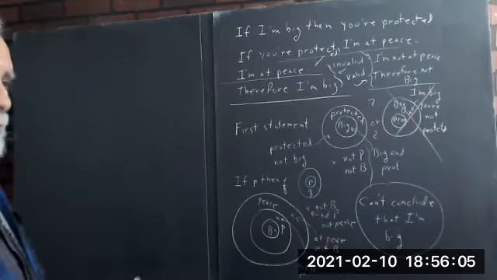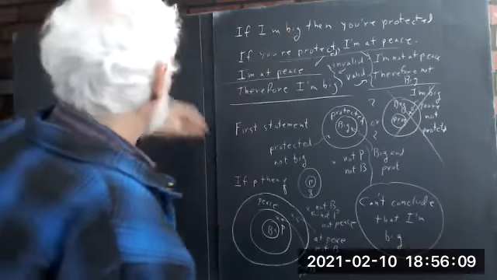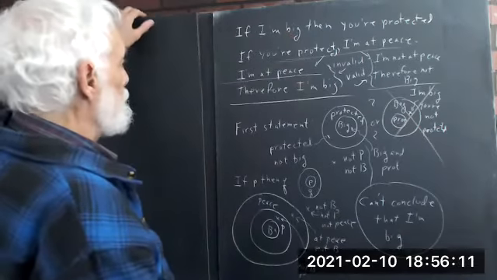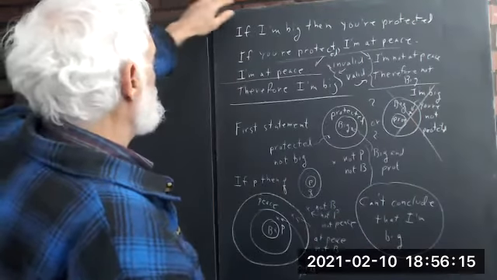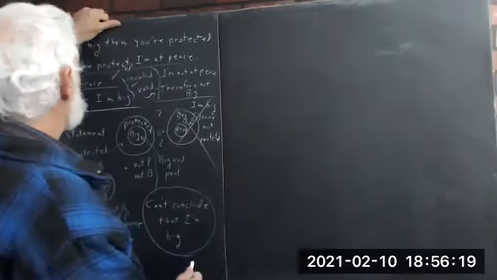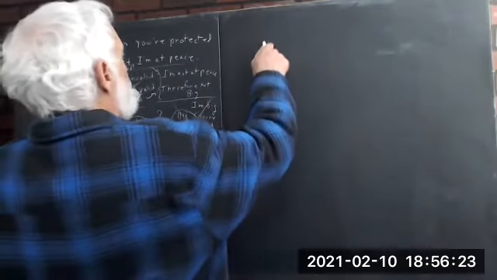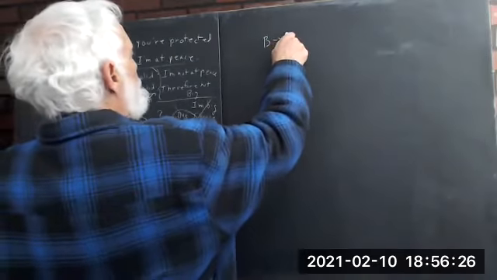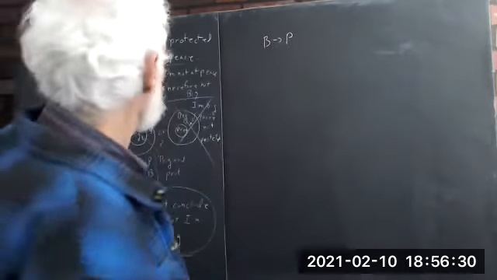Now there are rules of inference. Okay, I don't want to go into too much detail. I can write this as, if I'm big, you're protected. So it says, I'm big, then you're protected.